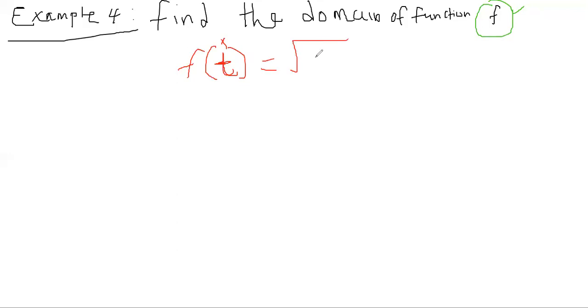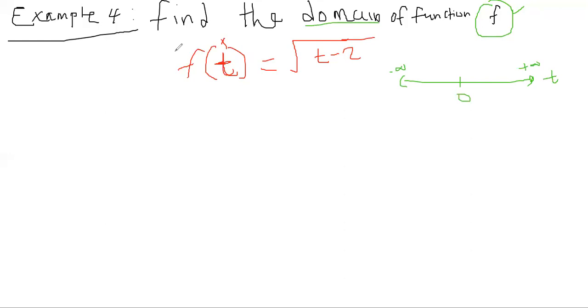Remember that we have talked about why finding domain means excluding. So we will have a number line here whereby t is the independent variable. We have 0, then minus infinity, then we have positive infinity here.